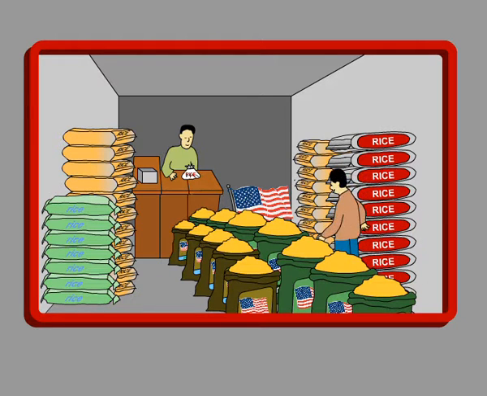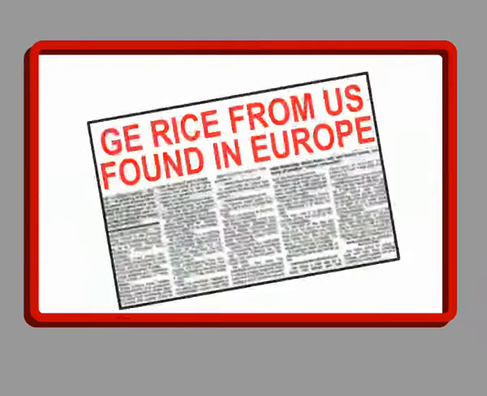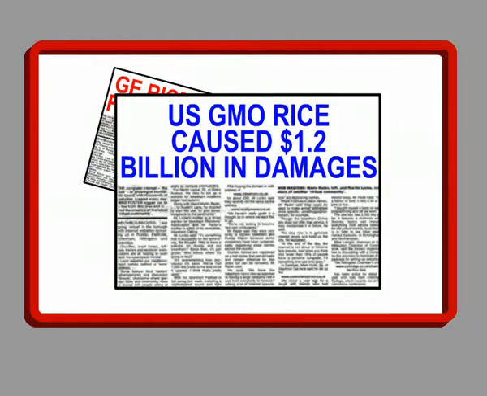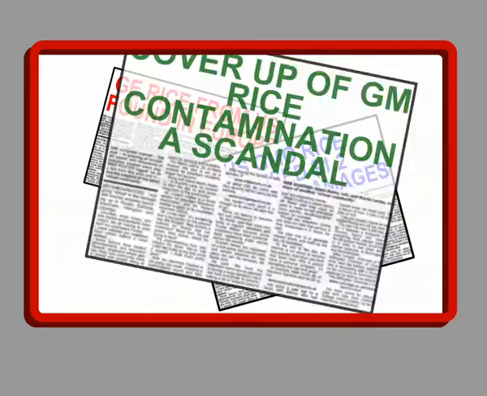GE rice field trials are thus very dangerous. In 2006 and 2007, unapproved Liberty Link rice from the US, only ever grown in trial plots, contaminated the seed stocks and rice fields in the US and rice supplies to different parts of the world.